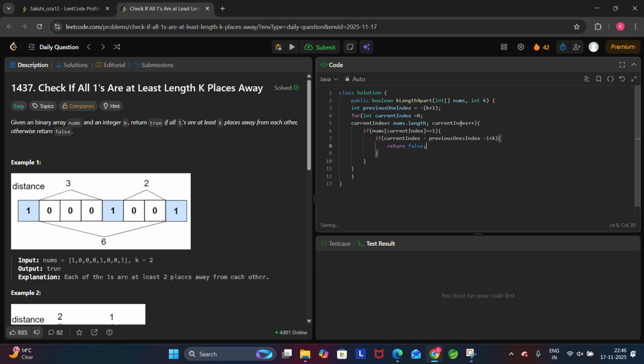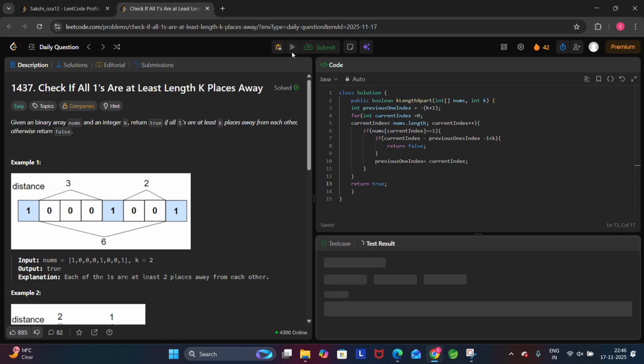That means we have given a condition that if the current index minus the previous one's index, minus 1, is less than k, then we will be returning false. If not, then previousOneIndex is equals to currentIndex. After that we are going to return true.